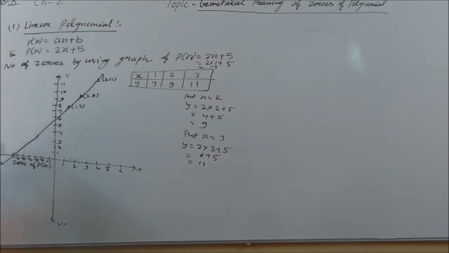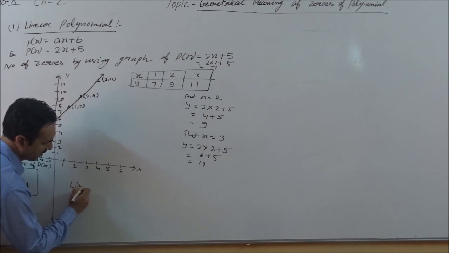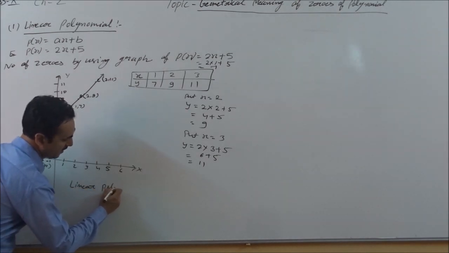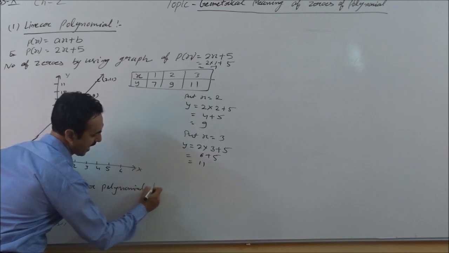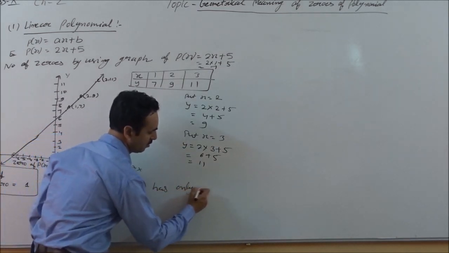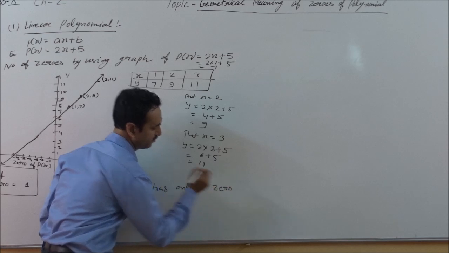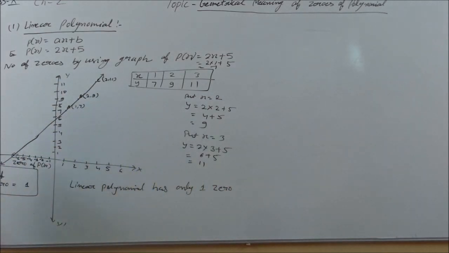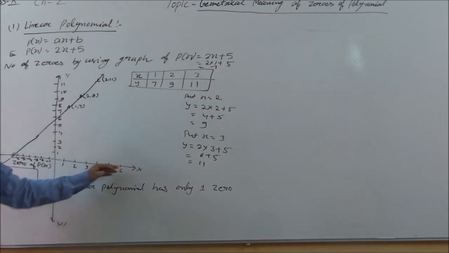Actually we are just finding the number of zeros. So the number of zeros is 1. For the linear polynomial, we write here that the linear polynomial has only one zero, because it passes through the x-axis at only one point.